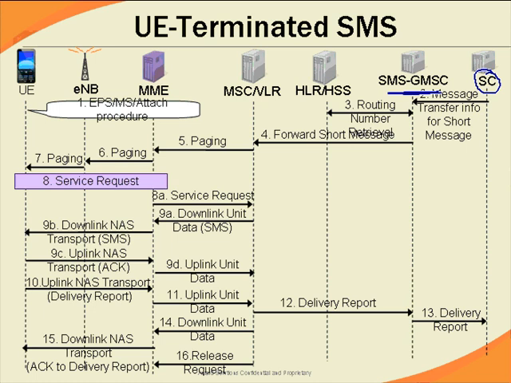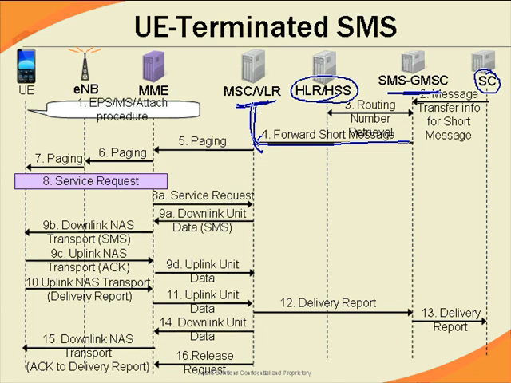So it will use the help of the HLR to figure out the MSC, whoever is in charge of that UE, and once it figures out, oh, this is the MSC, it will forward the SMS to that specific MSC.